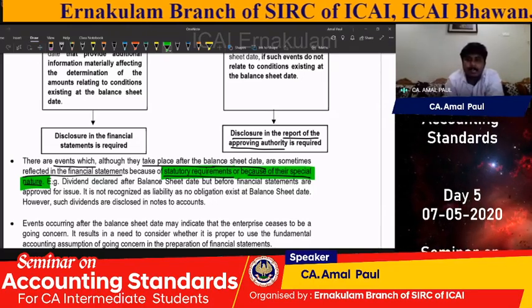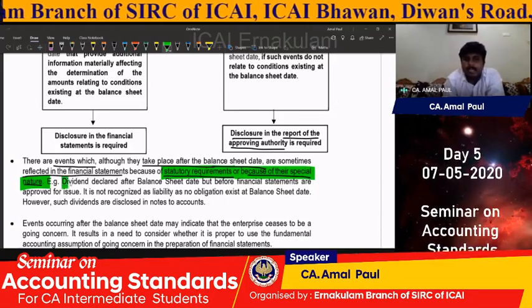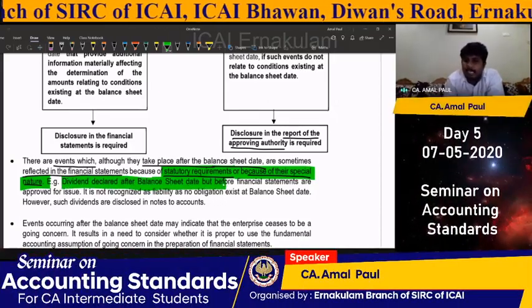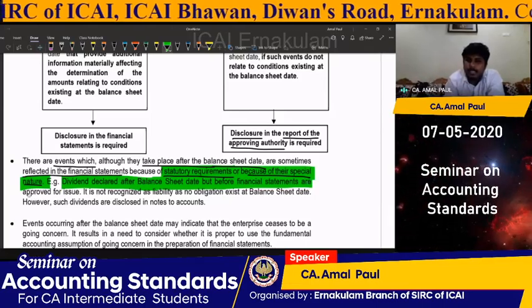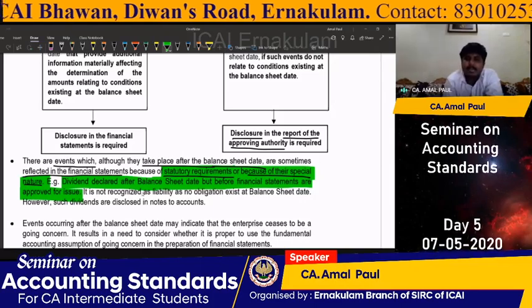An example of such an item is the proposed dividend. Dividend declared after the balance sheet date but before the financial statements are approved for issue, we will not consider as an adjusting event.